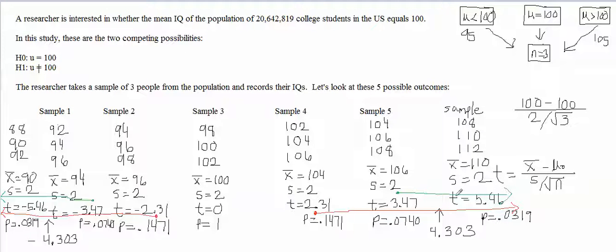Let's look at this last one out here. This outcome with a t-score of 5.46 has a p-value of 0.0319. So does the opposite t-score.